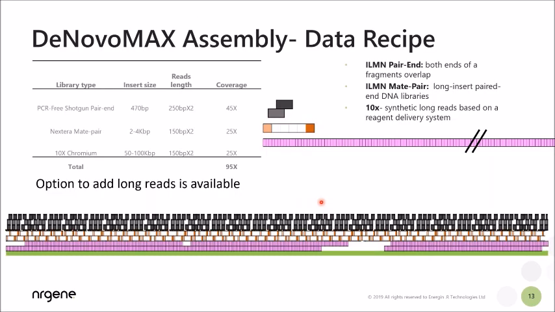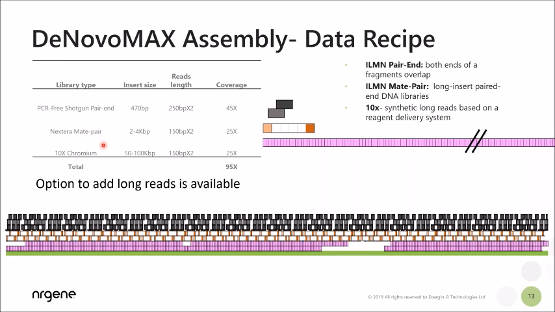So what we currently have, after a few years and a few hundreds of assemblies behind us, is the De Novo Max. It's a cost-effective yet very high-quality de novo assembly. The data is a combination of 3 different sequencing methods. One is paired-end sequencing, 250 base per read length.